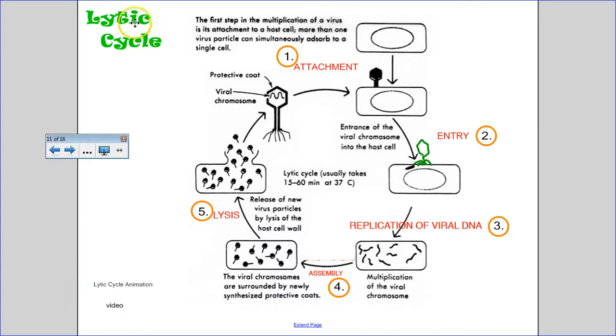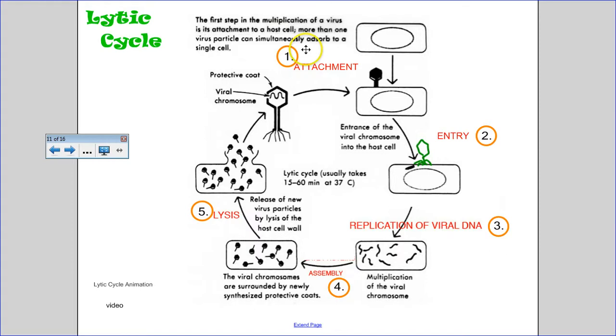So, lysis means to break apart. So in the lytic cycle of the virus, essentially the virus is going to make copies of itself inside of the host cell, and then eventually when it's made enough copies of itself, the cell is going to burst open. So the lytic cycle is referring to the fact that it causes the cell to break open at one phase.